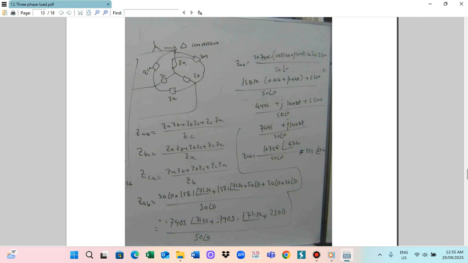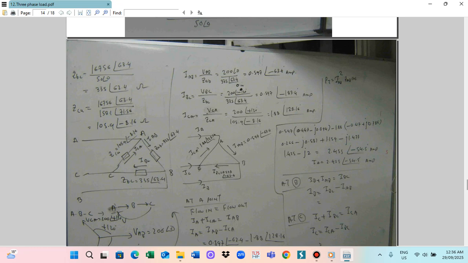Solving that, 50 square plus 150 square, the square root gives 158.1, and the angle is tangent inverse 3, which is 71.56 degrees.